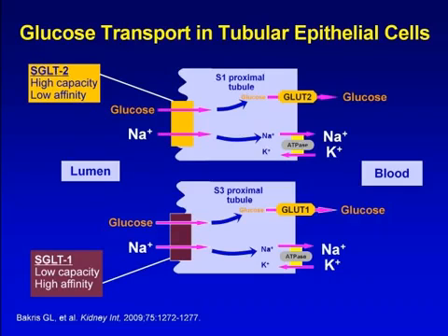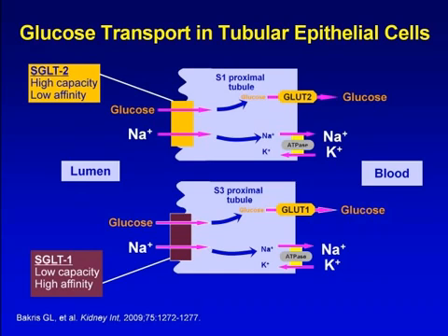Then within the cell, the glucose is actually transported by GLUT2 into the bloodstream. And this is helped by the sodium-potassium ATPase, which helps to cycle the sodium in and out of the cell. GLUT2 is the transporter for SGLT2, while for SGLT1 it is GLUT1. So this is how the tubule works.